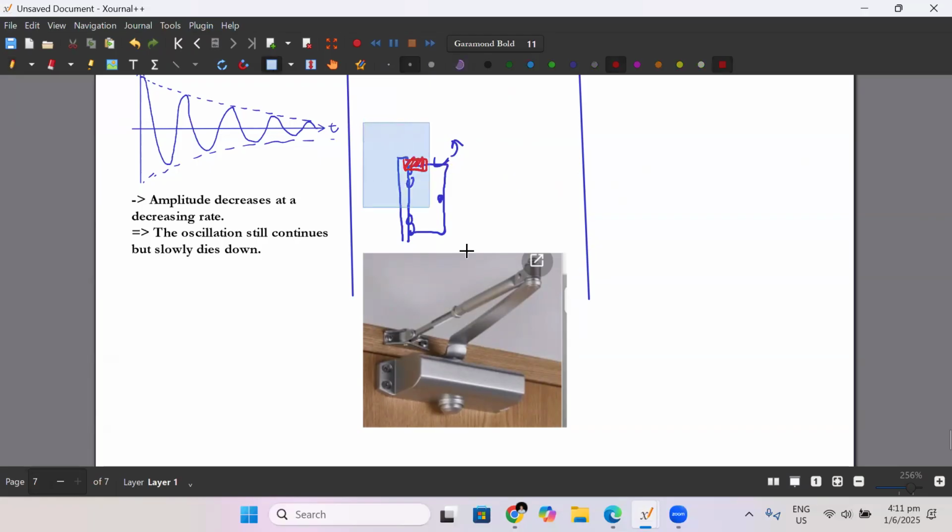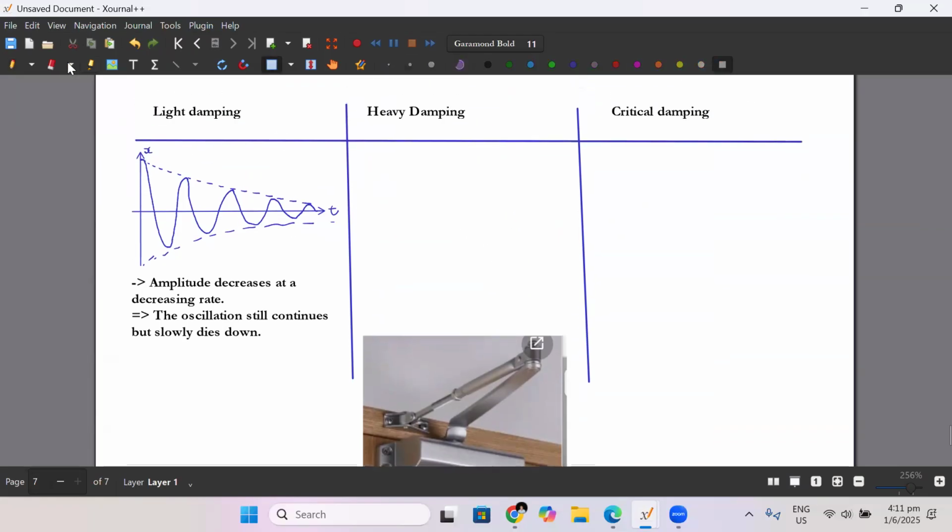Then let me show you how this looks on the graph. Heavy damping does this. This is x, and this is t. Let's say your normal period is here, t. This fella will not even go to that. Let's say this is the usual period if I just let it swing freely.